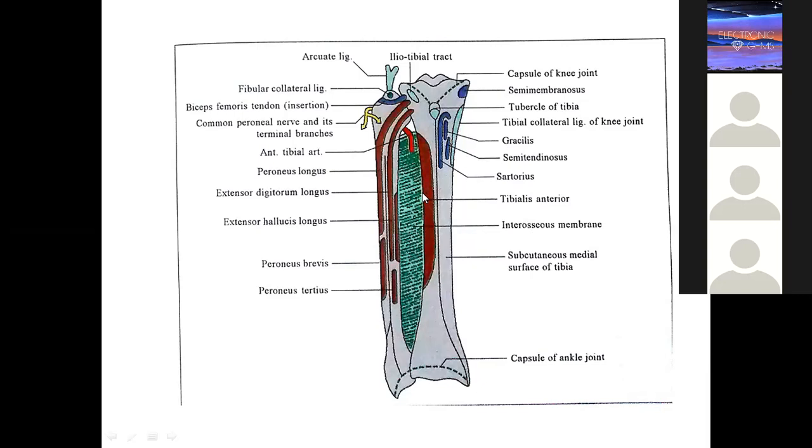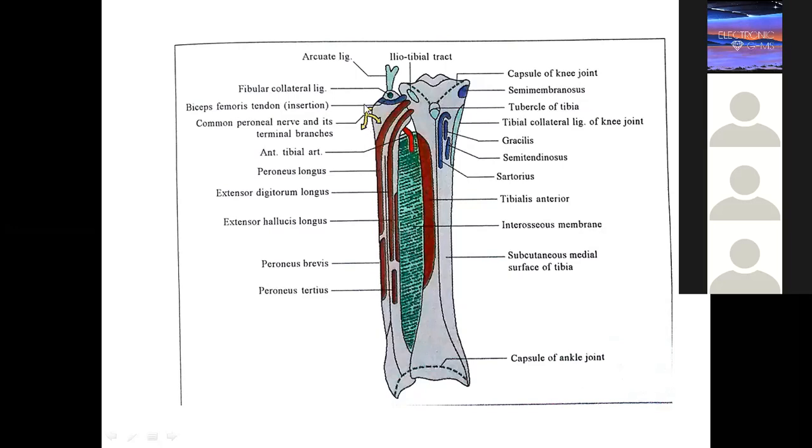Now let us see what are the attachments we have on the anterior aspect of the fibula. See here, this is the apex, and towards the apex just now we have seen the attachment of the knee joint, fibular collateral ligament, arcuate ligament. We have the insertion of biceps femoris, as you told me, it is one of the hamstring muscles.